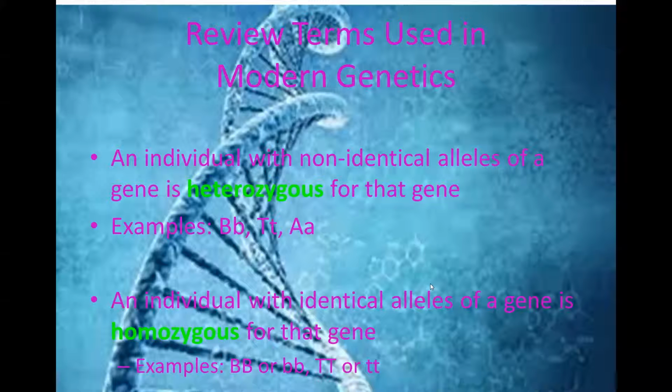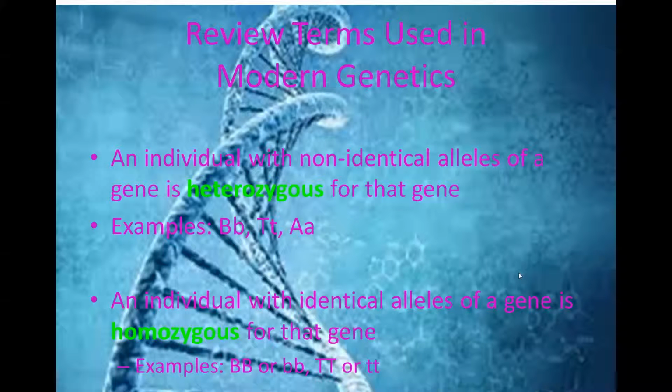And then an individual with non-identical alleles of a gene is heterozygous for that gene. So heterozygous means that you have one dominant and one recessive. If it's capitalized, it's dominant. If it's lowercase, it's going to be recessive. So these are going to be a mix of the two, dominant and recessive.